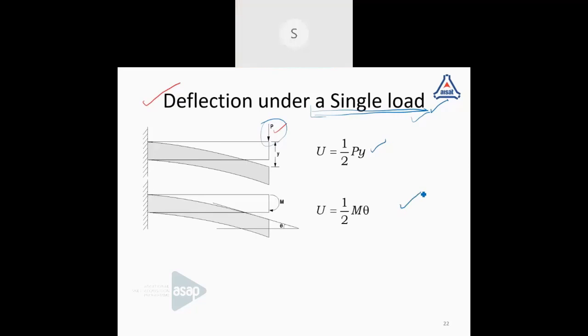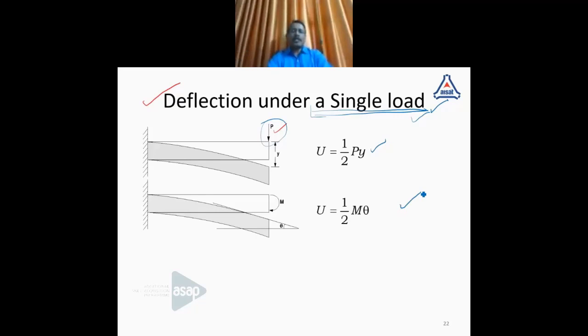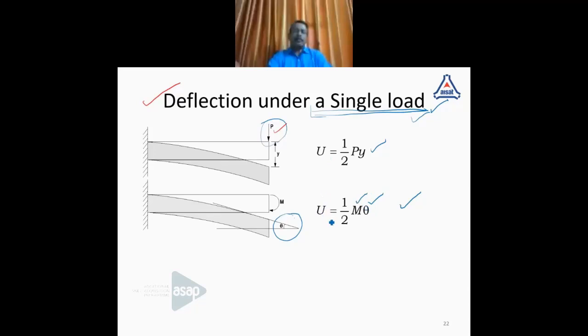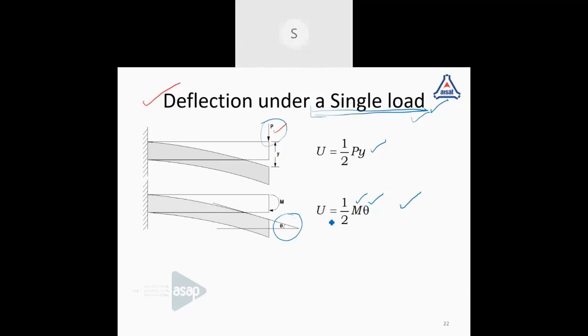A moment is applied onto the body, and the beam undergoes deflection, and that deflection is evaluated by the angle which is obtained, considered as the deflection in this case, where moment is the applied load. There we can represent the strain energy using this expression.